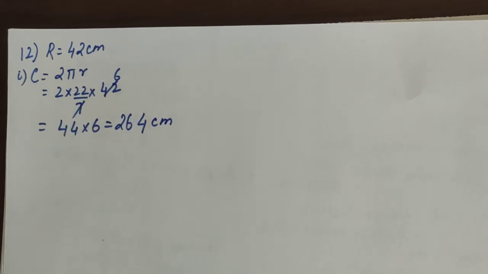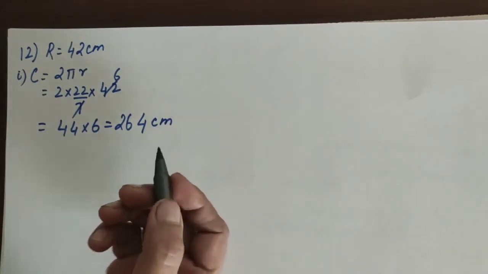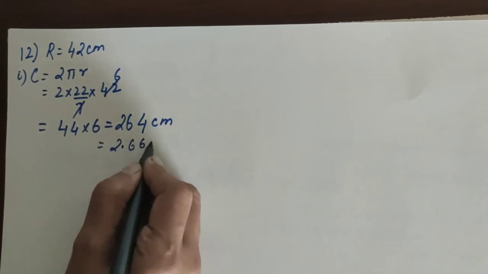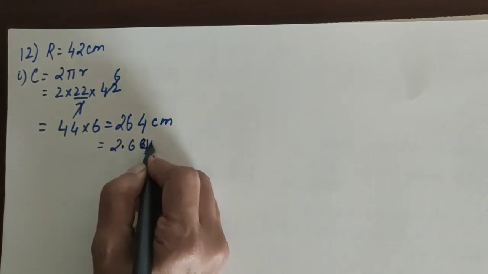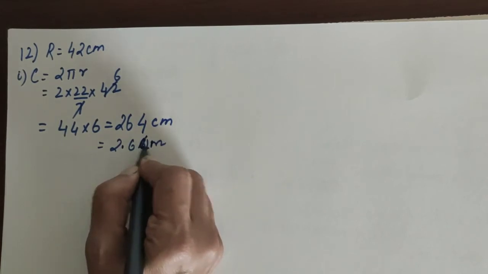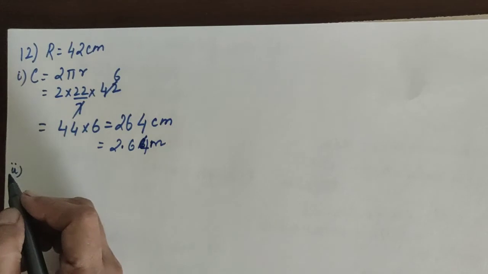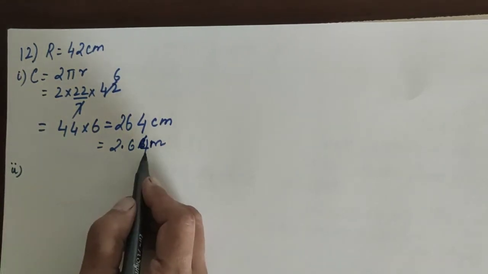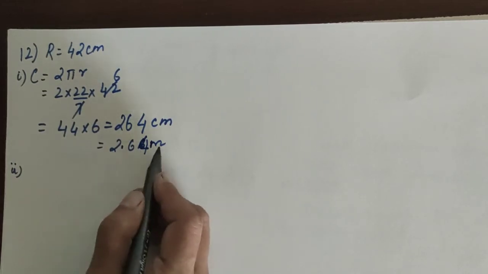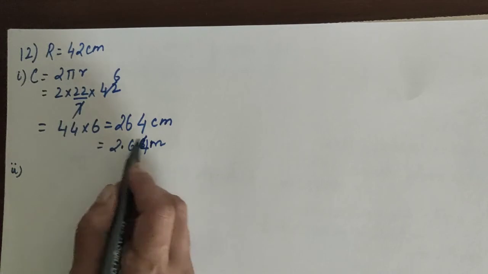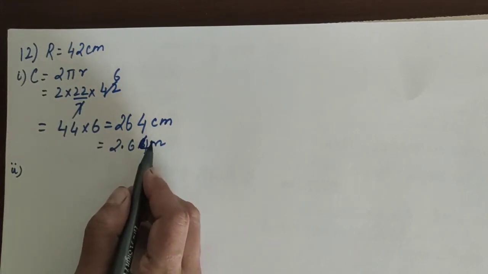If you want, you can convert it into meter also, which is 2.64 meter. Why did we convert into meter? Because it's a distance. It's easier to understand when we say 2.64 meter rather than 264 centimeter.